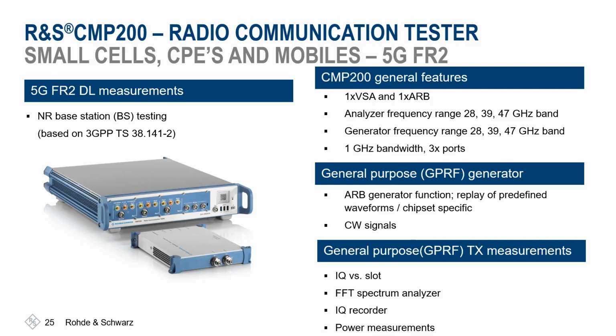The analyzer can perform IQ versus slot measurements, it can act as an IQ recorder, it can make power measurements and also analyze the spectrum. This instrument can perform the important downlink measurements which are necessary for the 3GPP new radio base station testing specification TS 38.141-2.